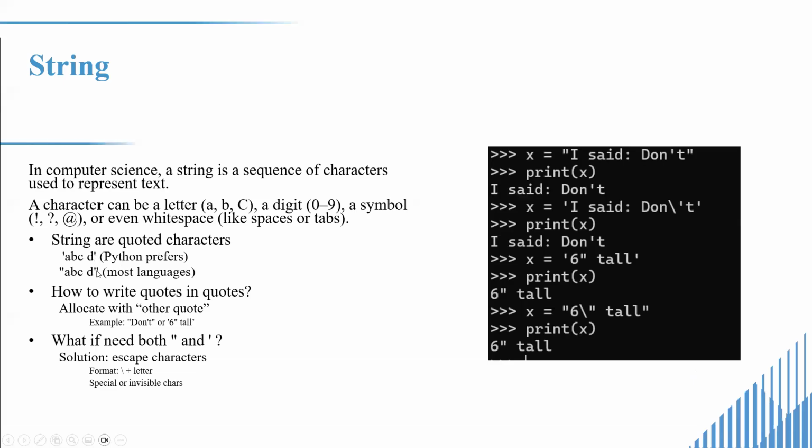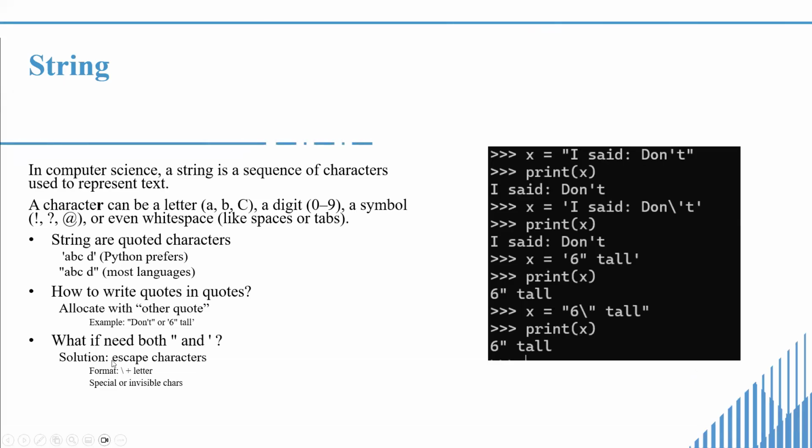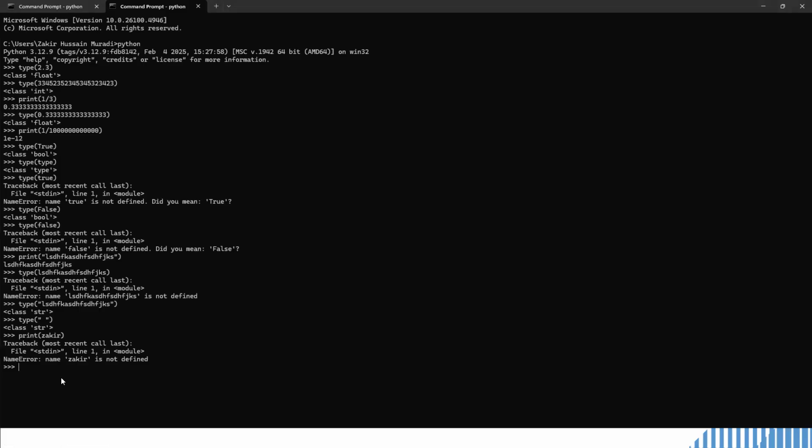It can be small characters or big, in double quotation. So if I say print Zakir, now it is fine. Or I can do it with single, now it is fine. But without any of these quotations, it will give you an error.